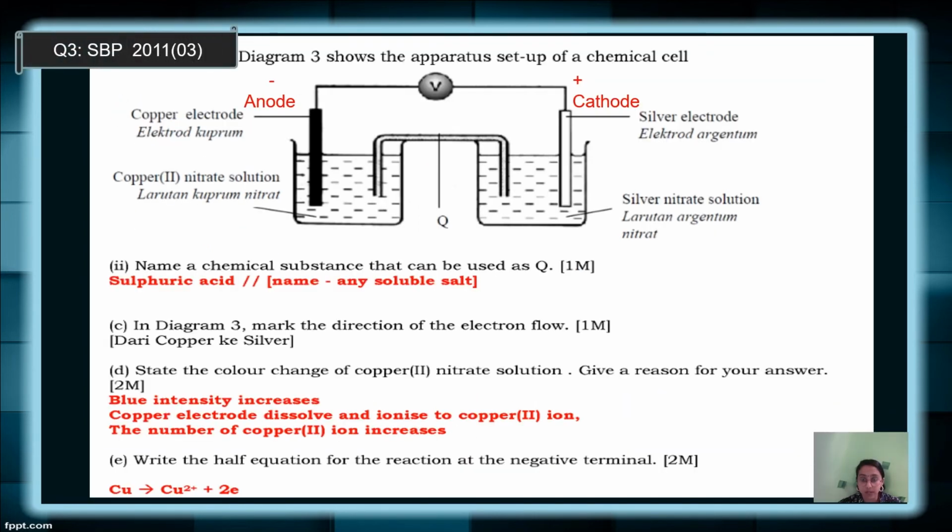Allow the movement of ions and complete the circuit. So what are the optional or soluble salt usually we will use is sodium chloride, potassium chloride, or sodium nitrate.